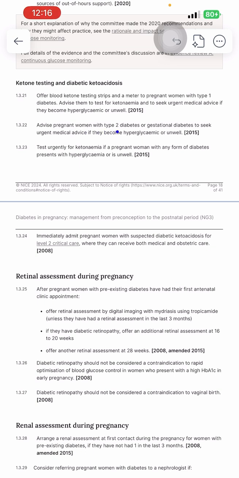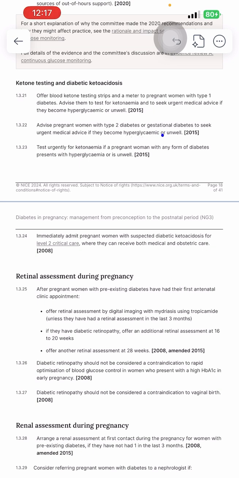Advise pregnant women with type 2 diabetes mellitus or gestational diabetes mellitus to seek urgent medical advice if they become hyperglycemic or unwell. So in type 1, you have to tell the patient that test strips should be available with her at any time, because if she becomes unwell or hyperglycemic, she has to check her ketone level.